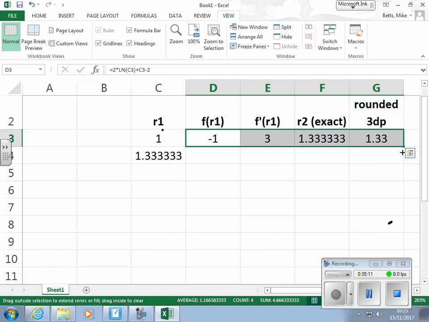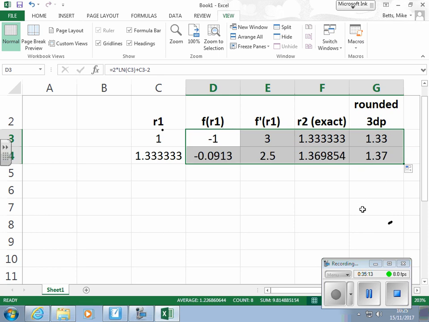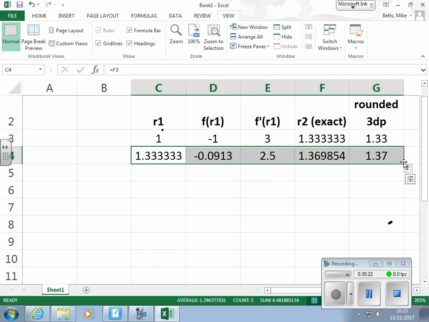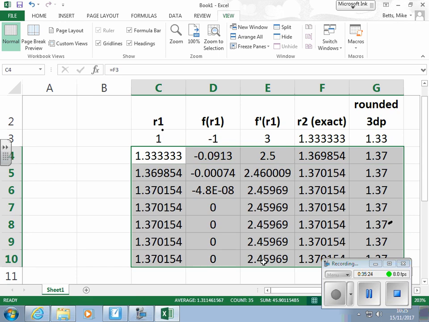These cells can just be dragged down. What you're looking for is the same number in this column twice, and then you've got your answer.